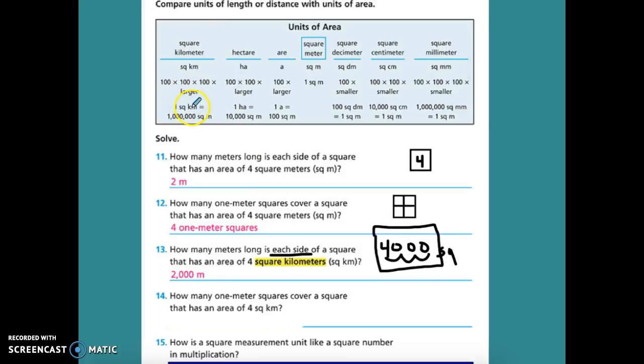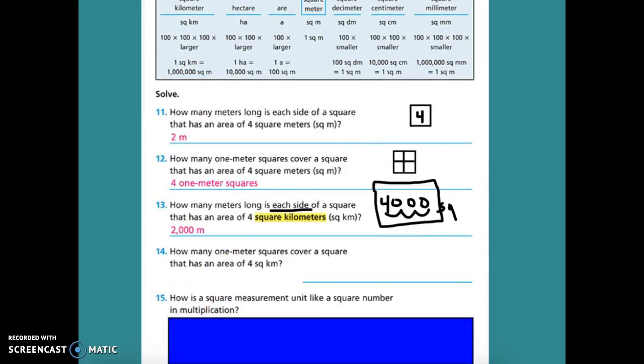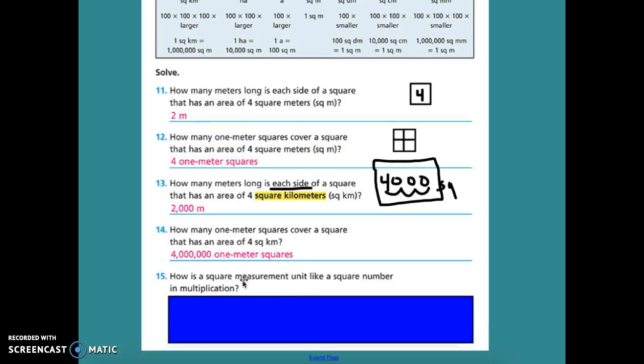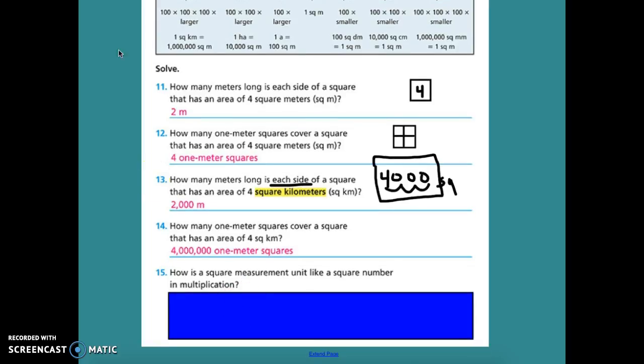And it says 1 square kilometer is equal to 1 million square meters. So that's only 1, and if I change this to 4, if I have 4 square kilometers, I'm going to do 1 million plus 2 million plus 3 million, and we get 4 million square meters. There we go. 1 meter squares, sorry. 4 million 1 meter squares would fit into that space.